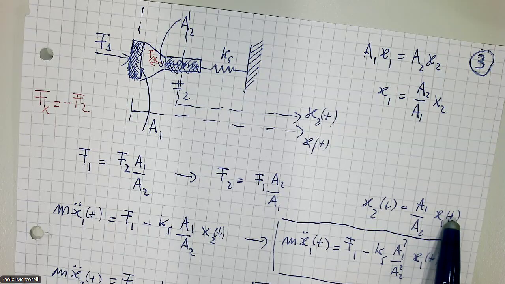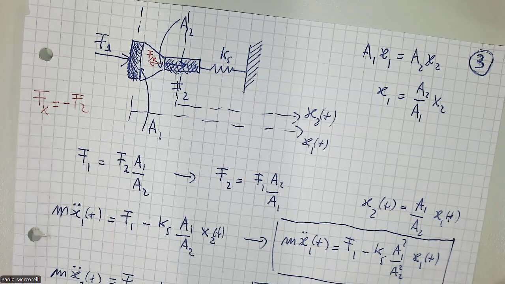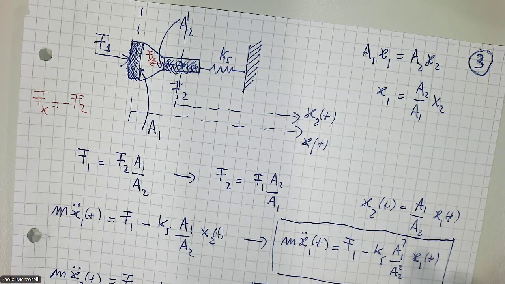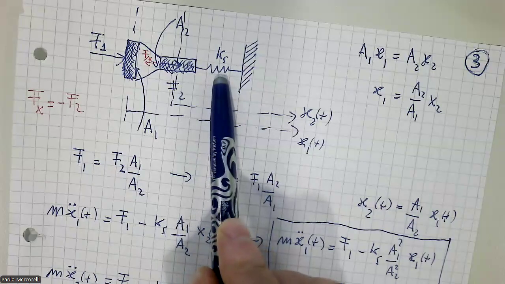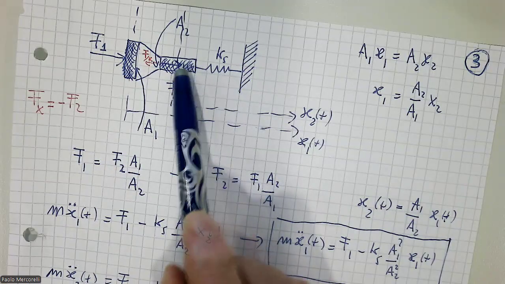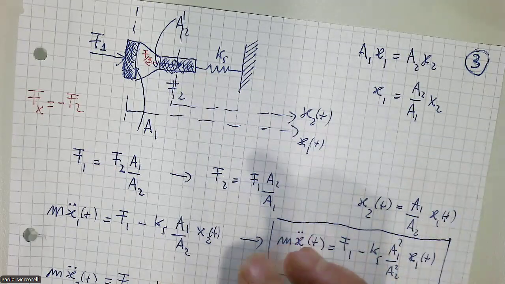A little bit difficult to be understood. I will repeat it. Therefore, we have this square element, which is very strong. It's a very strong reaction in this sense. I can try. This spring is acting on the second surface, A2.